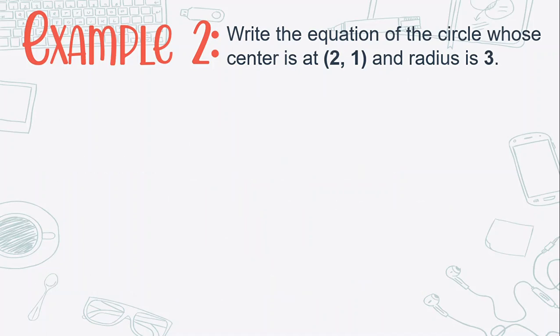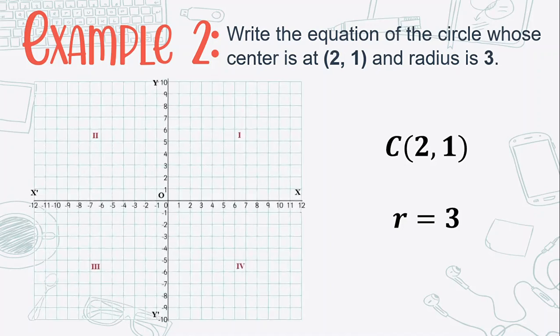Now let's graph this given circle in example number 2. Again, the center is at (2, 1), and the radius is equal to 3. Now let's have a Cartesian plane to graph our circle. Again, our first step is to plot the point of the center, which is positive 2, positive 1. And then again, our radius is equal to 3.